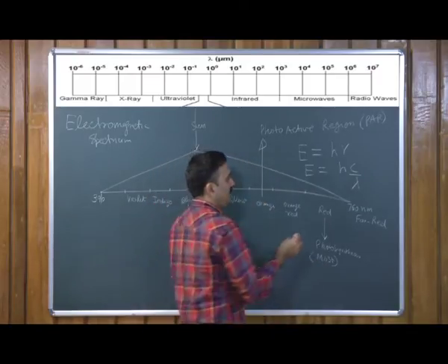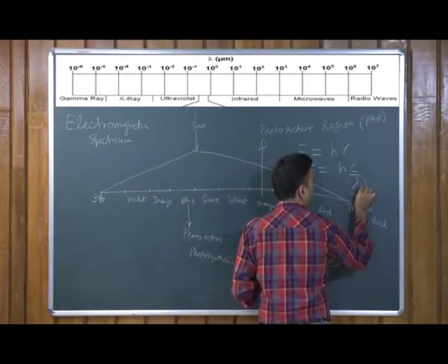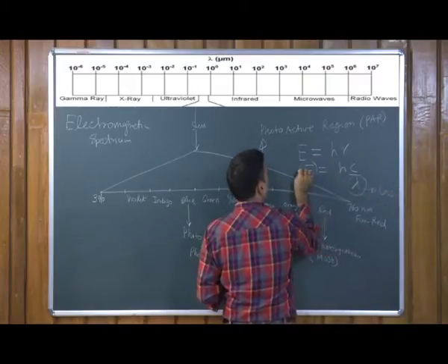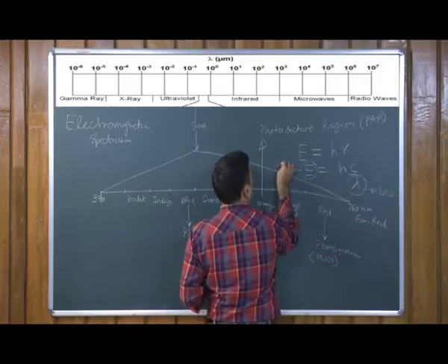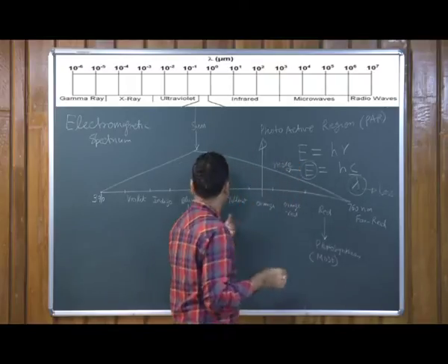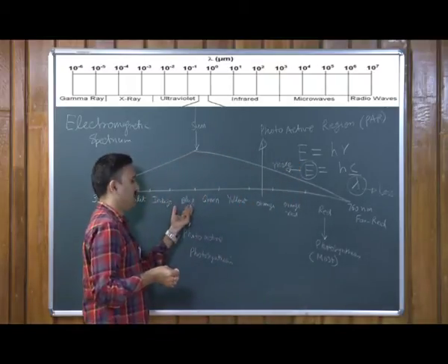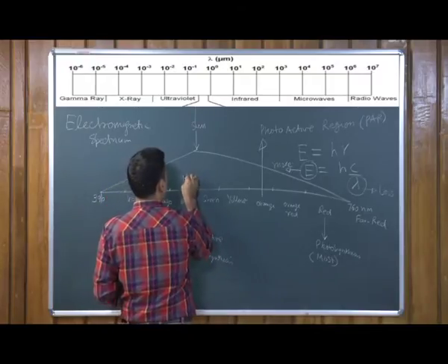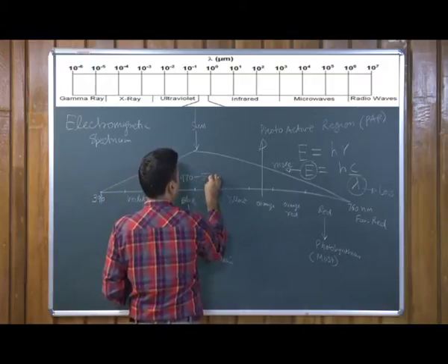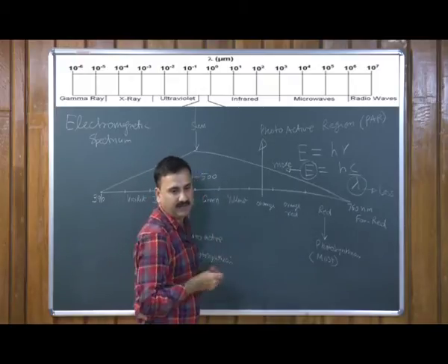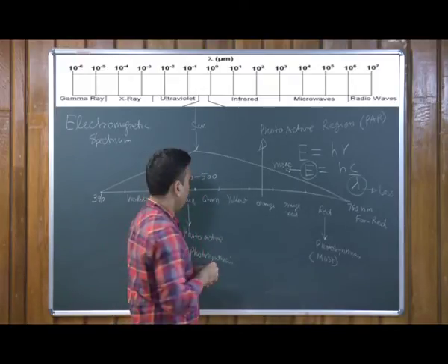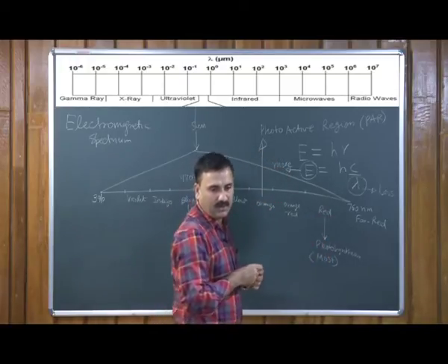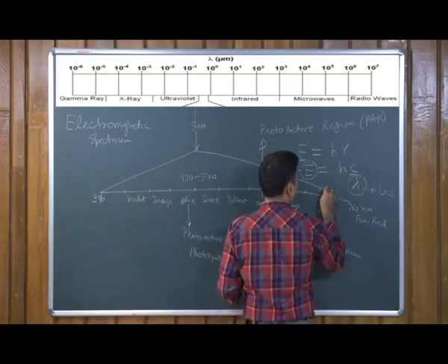The shorter the wavelength, the more energy you are going to have. The wavelength of the blue light is lower, in the range of 470 to 500, whereas in the case of red, it is in the range of 600 to 700.